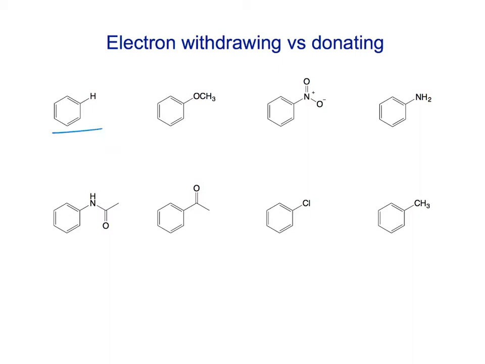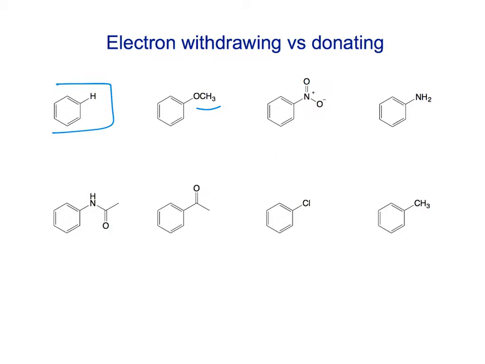All right, so again, here's just our standard that we're comparing everything to. What do you think if we put on this methoxy group? So we have an ether here. Is that going to be electron donating or electron withdrawing?